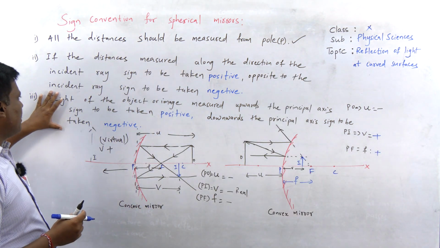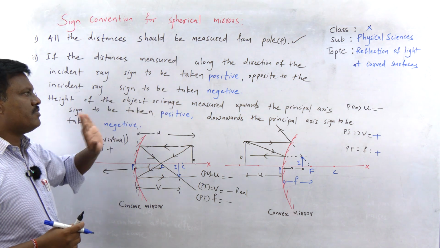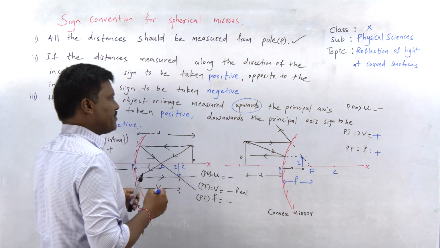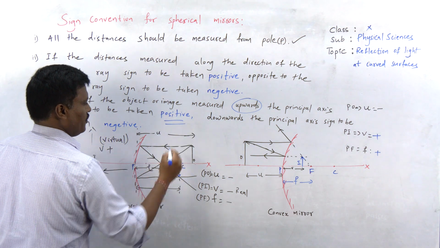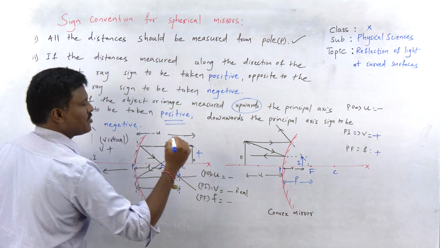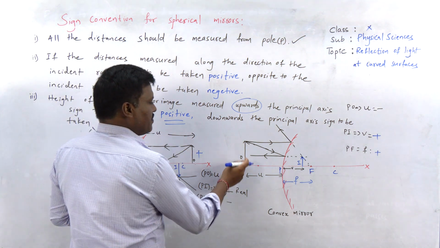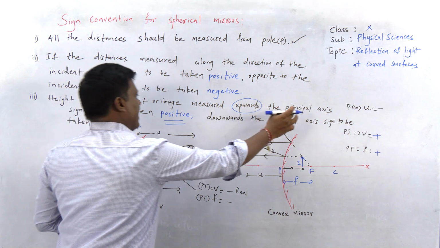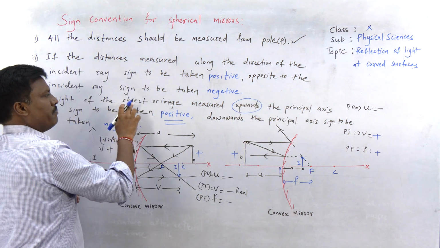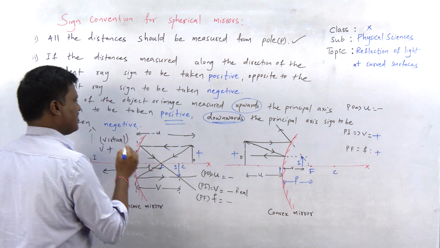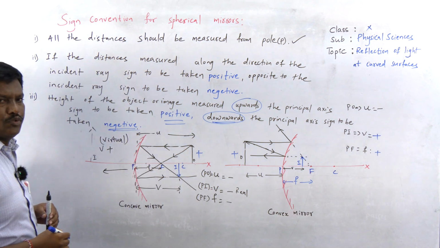And the height of the image and height of the object, if measured upward from the principal axis, the sign is to be taken positive. You see, this object is above the principal axis, so the sign is positive. If any object or image is below the principal axis, downward, then the sign is to be taken negative.